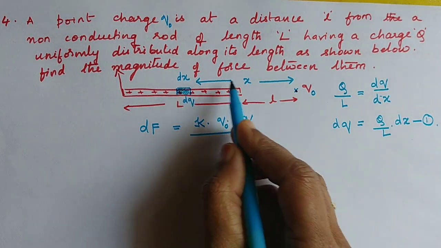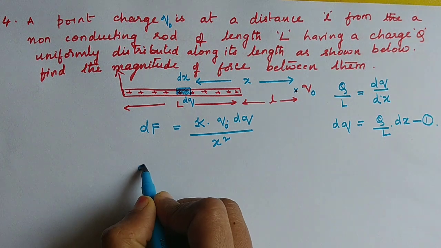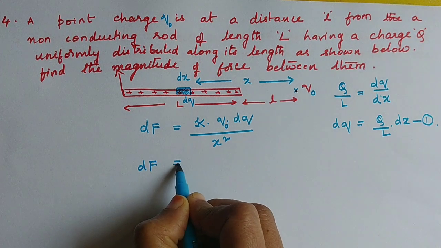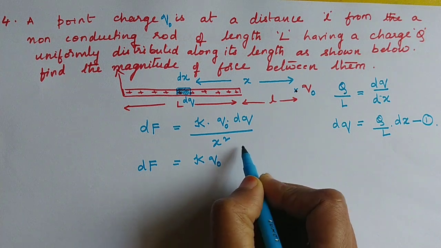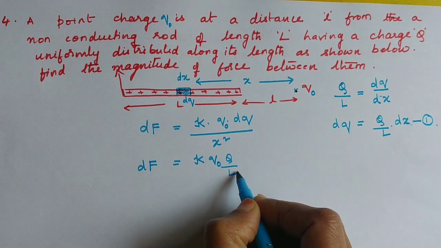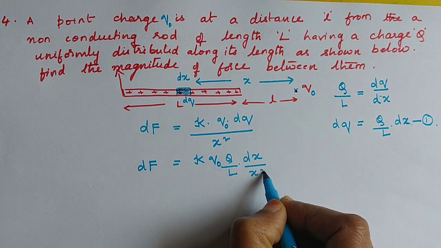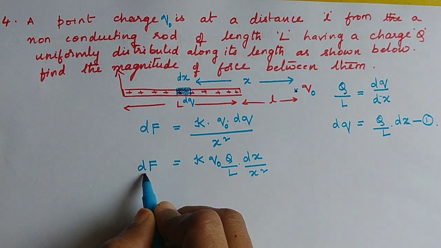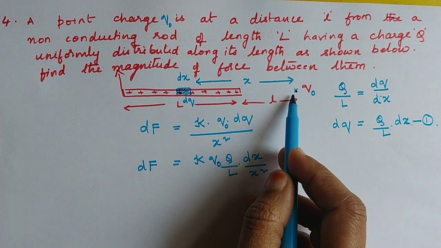Okay, divided by, and the distance is x square. So df would be k, 1 by 4 pi epsilon naught q naught. Replace this dq. dq is q by L into dx divided by x square. And now we have got df, the force between a small charge and Q naught.